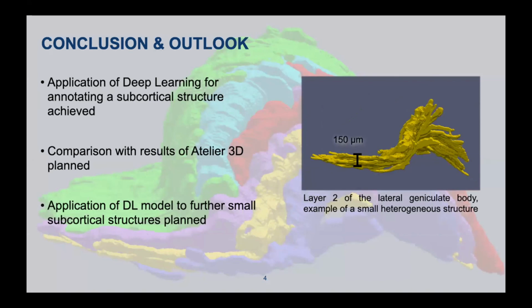As a conclusion, this was our first application of deep learning for a small subcortical structure. The deep learning model is not only faster than doing everything manually, but it also predicts the annotations on each single section, whereas an interpolation would merge existing manual annotations only.